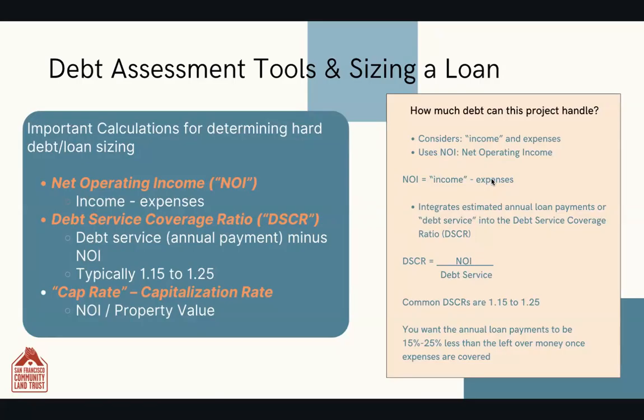So earlier I talked about them together, but if you remember in the spreadsheet, when we listed the expenses, none of those included the loan payments. So that is usually thought of as separate. And so here, what we're going to do is take this NOI and compare it to that loan payment to see the DSCR, right? This is sort of what the lenders want to know.